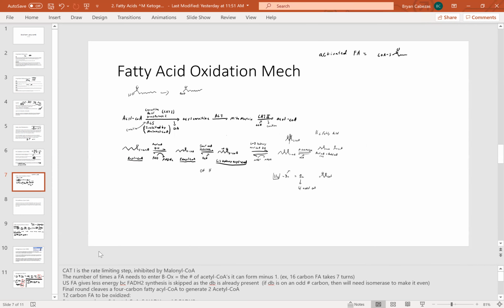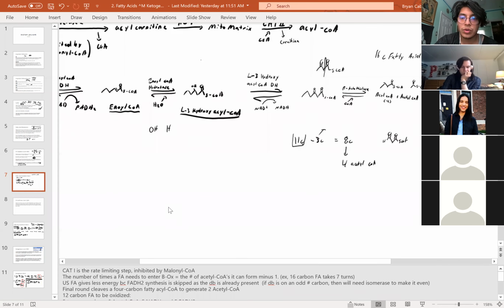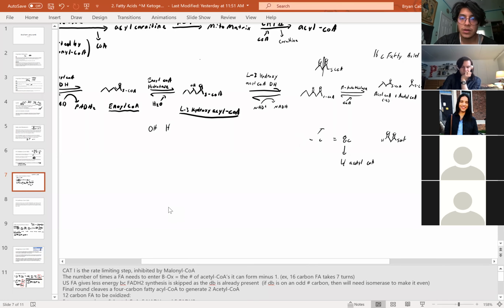The biggest thing they're going to ask you for a problem like this is, all right, so we'll do a practice problem actually. Let's say you have a 12 carbon fatty acid, and it's not activated.